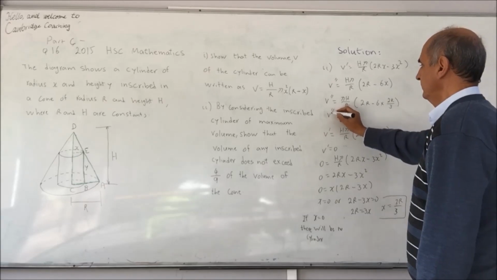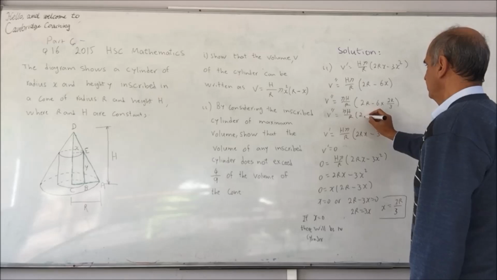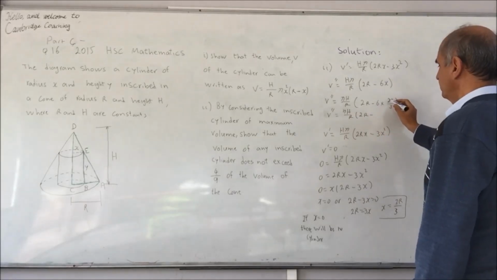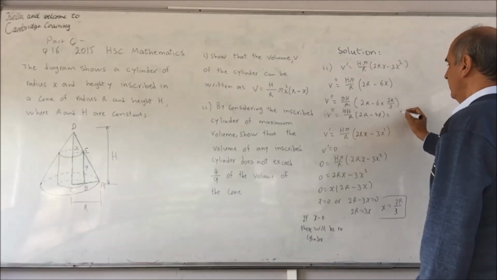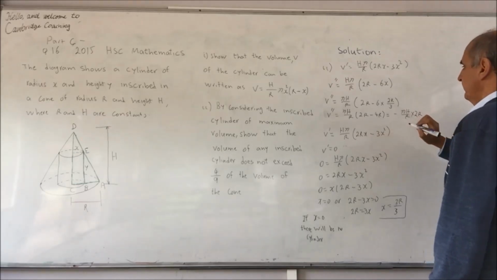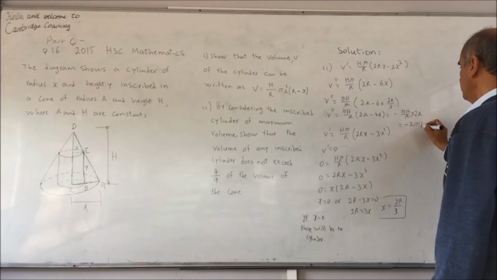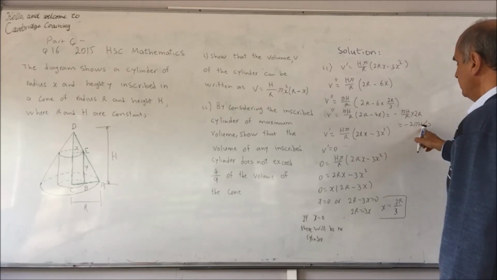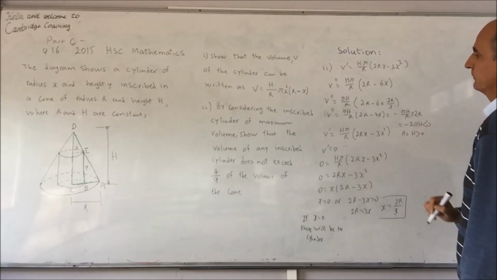That gives me V double dash: pi h on r times (2r minus 6 times 2 is 12, divided by 3 is 4, 4r), that is negative 2r. So it becomes negative pi h on r times 2r, and this r cancels out, so it becomes minus 2 pi h, which is a negative value because h is positive, as h is a length and length cannot be negative.